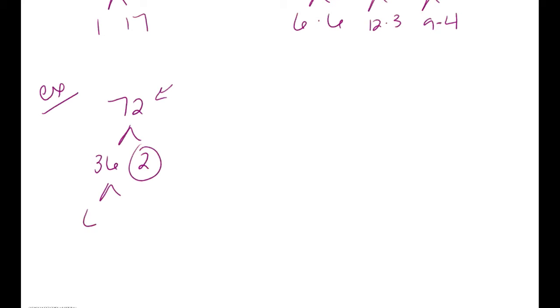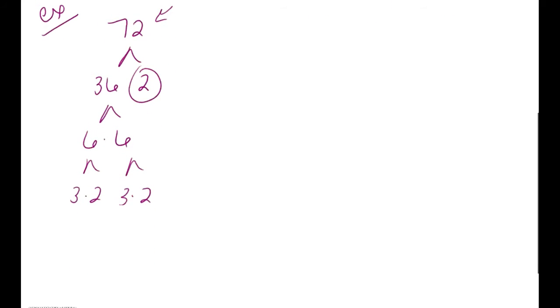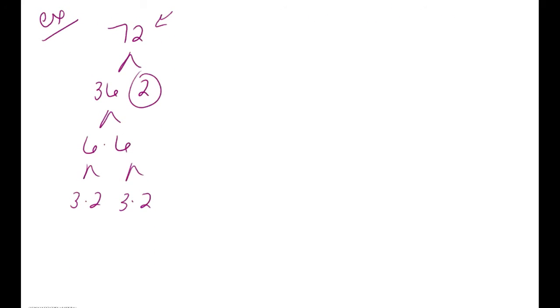But 36 can, of course, break down again to 6 times 6. And even my 6's can break down to 3 and 2 and 3 and 2. Okay, now once I get down to 2 and 3 and like 5 and 7, those are prime numbers. So once we get down to all primes, then our factor tree is done.